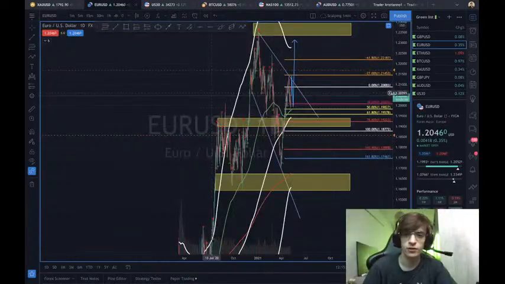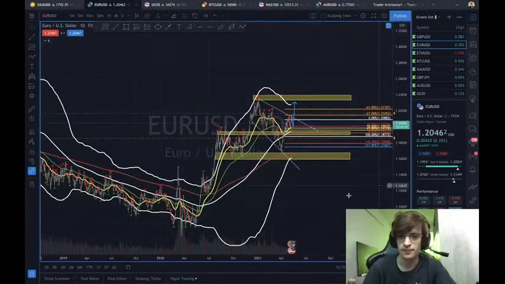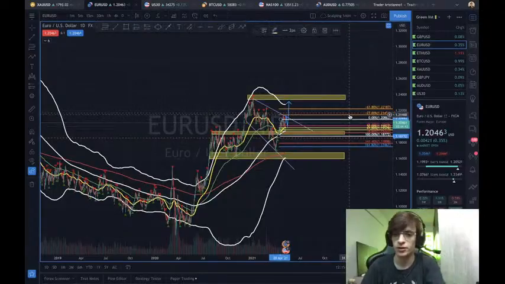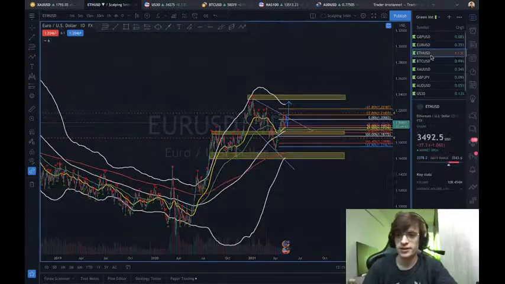So that's it for Euro US Dollar. You probably can leave it as it is.